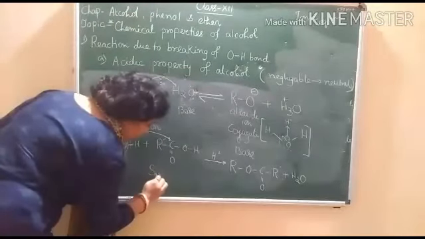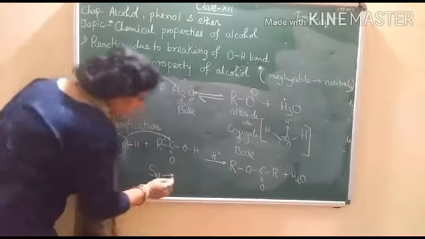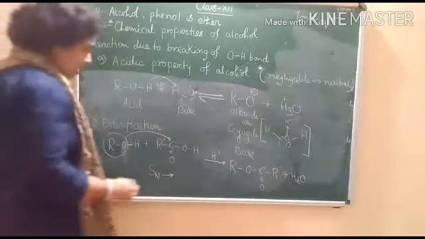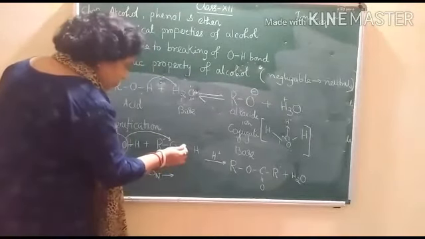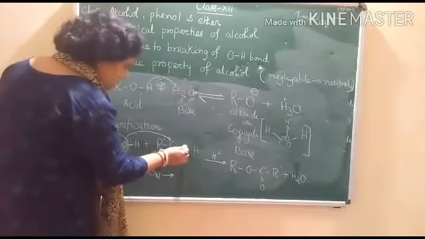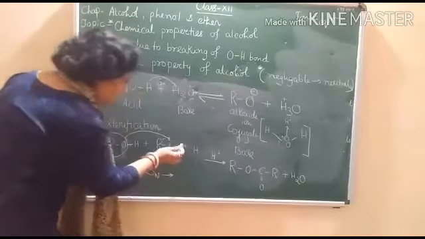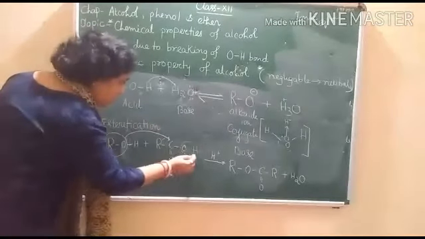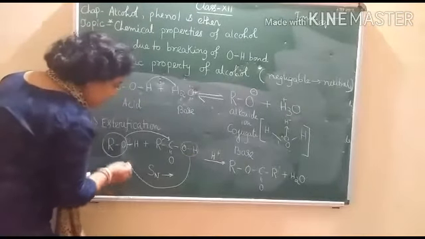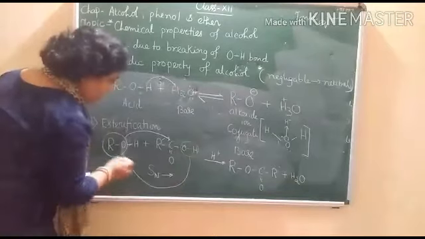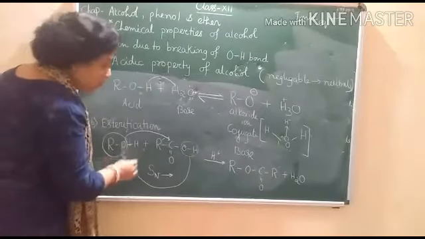Can you tell me what is the nucleophile? What is the exchange over here? Here OH is exchanging with RO. So see, place is changing. This OH is coming here, that's why the H2O bond is forming.